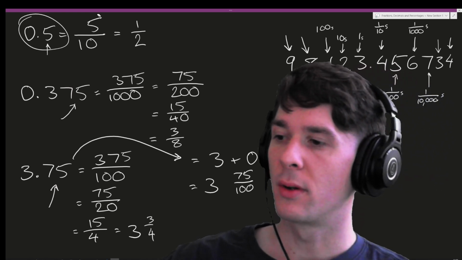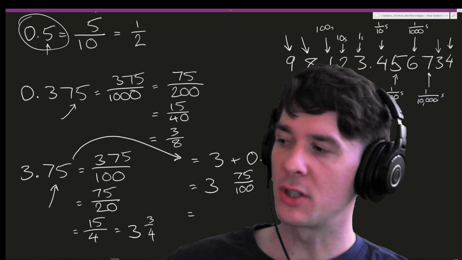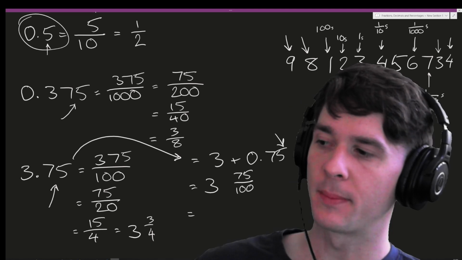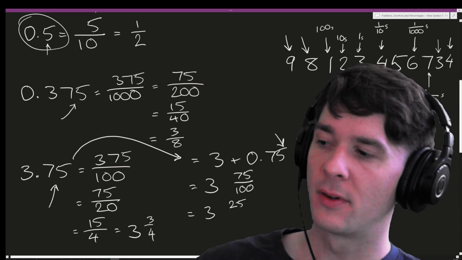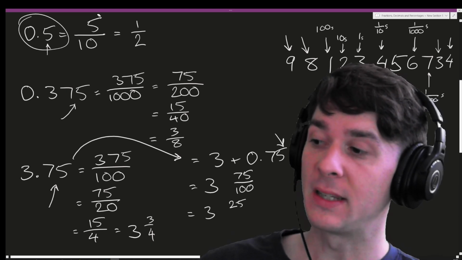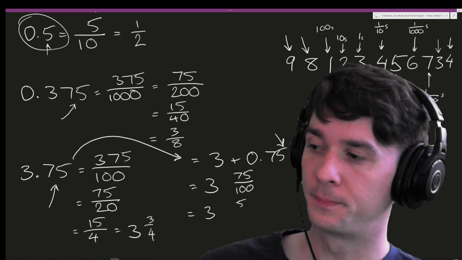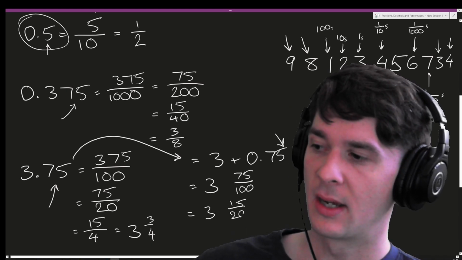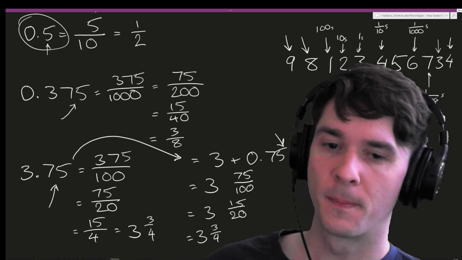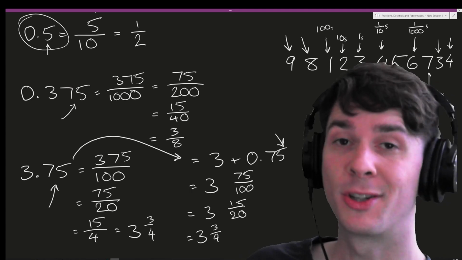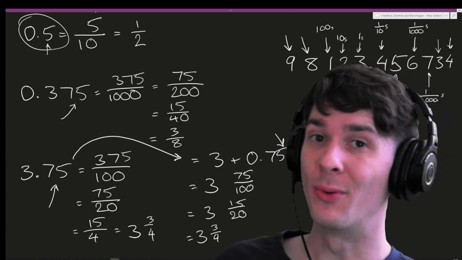Now, we're almost done. We just need to go through our simplification steps. So that will give us 3 and 15 over 20, which gives us 3 3/4. And we get the same answer, which is certainly what we would hope.